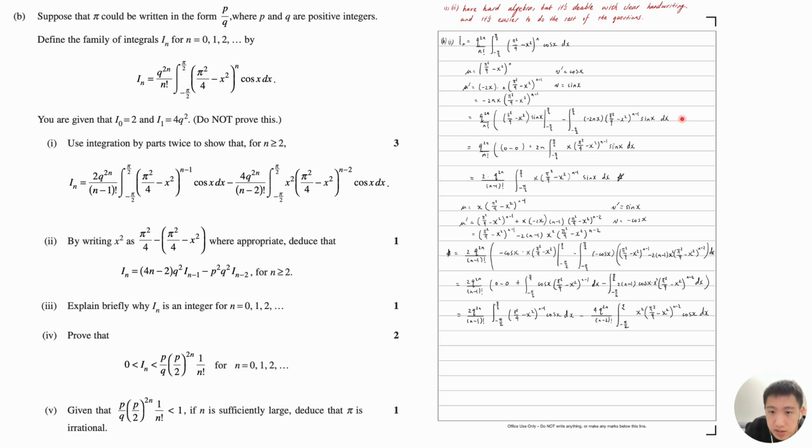I actually forgot one more bracket here, but it doesn't really matter. Now that we reach this step, you will find that it's still not our desired result in the LHS, so we need to do it again.